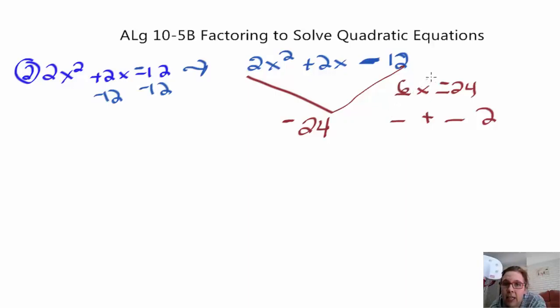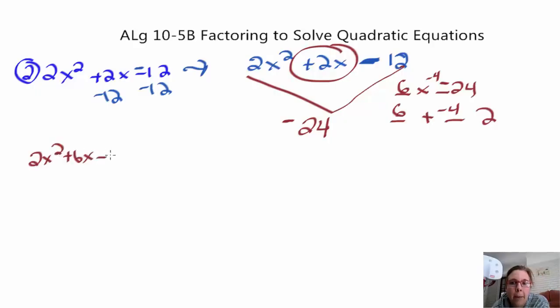Okay, 6 and -4 would give me -24, and 6 plus -4 gives me +2. So I put it in place of that. So I have 2x squared plus 6x minus 4x minus 12. And this all equals 0.